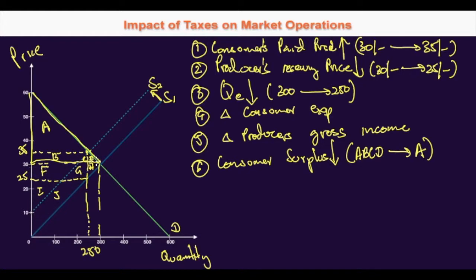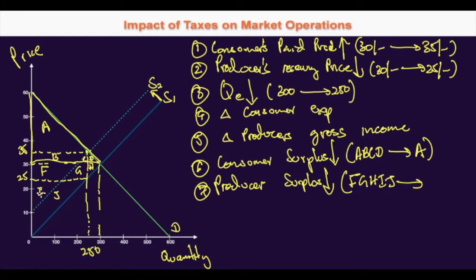As you can see, this is the whole area, and now it has been reduced to I and J only. So producer surplus has also been reduced from F, G, H, I, J to only I and J.